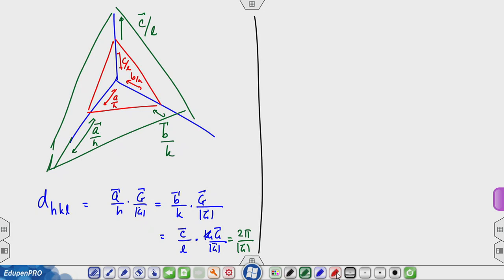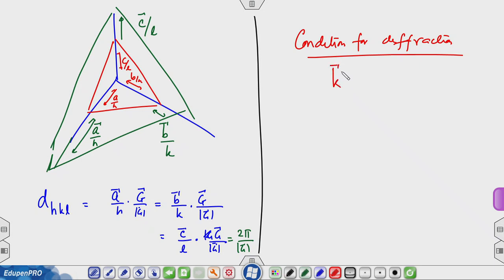Now, what is our condition for diffraction? It is k dot G equals G square by 2.